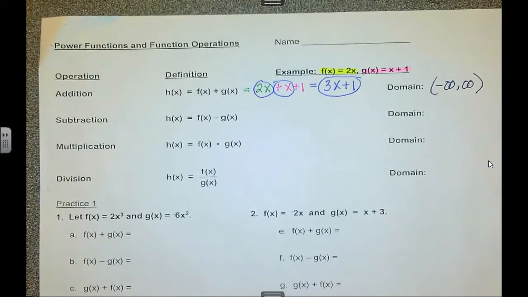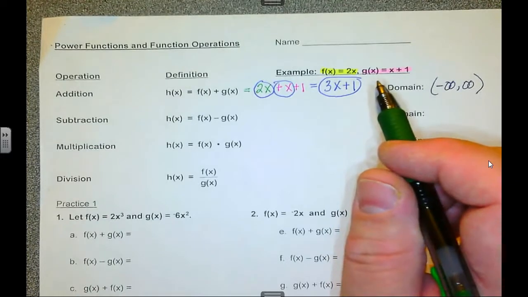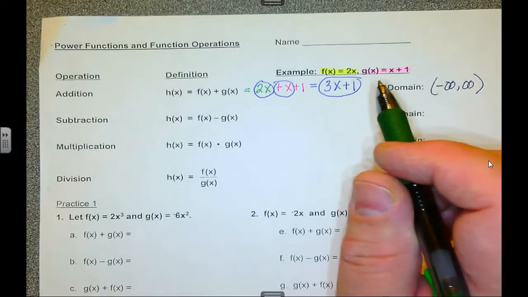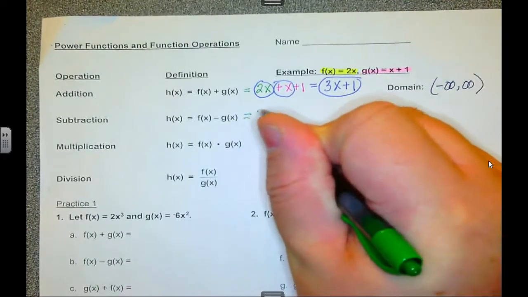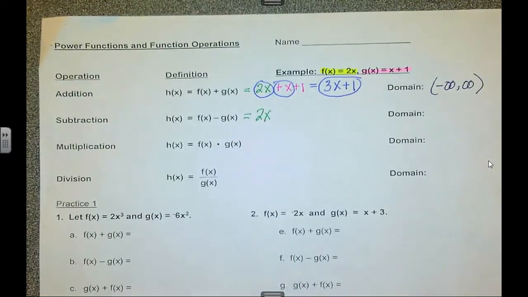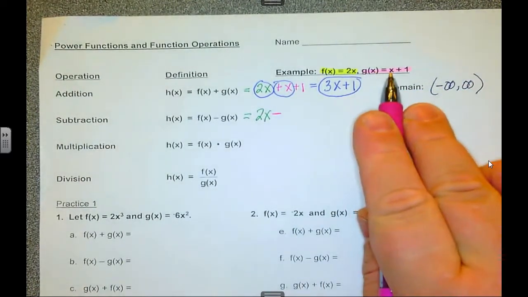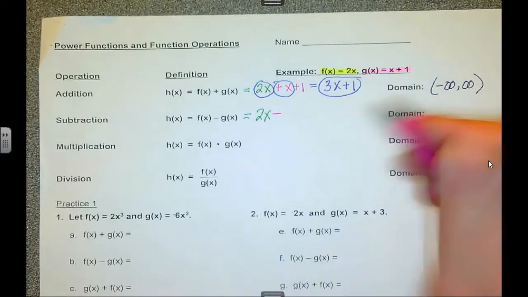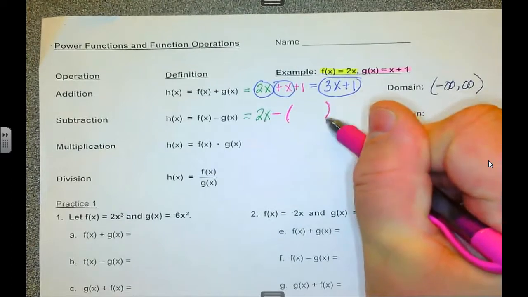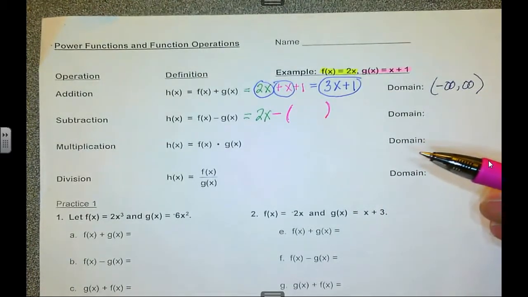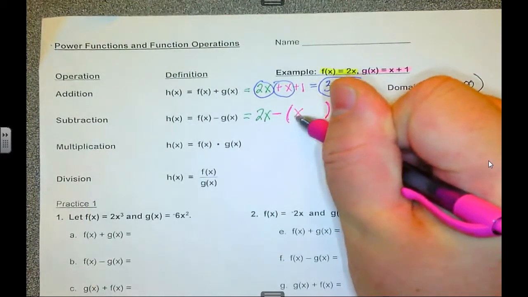Okay, subtraction. The f of x is 2x. I'm subtracting my g of x. Now, please use parentheses when we're doing subtraction. Subtracting x plus 1.